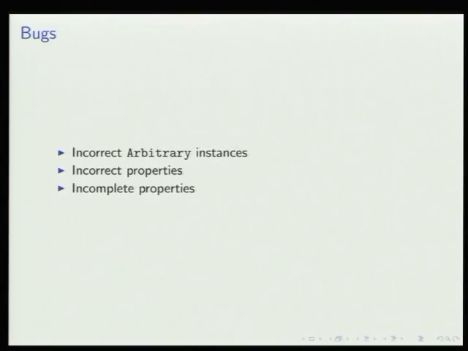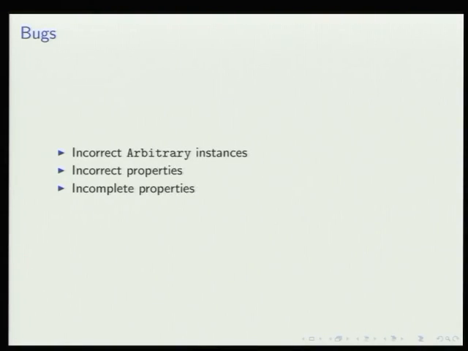Okay, so limitations of property-based testing. You can have bugs, just like any other kind of test. So you could specify an incorrect arbitrary instance, for example. You could specify your properties incorrectly, or something that's unique to property-based testing, you might have an incomplete set of properties for your data type.